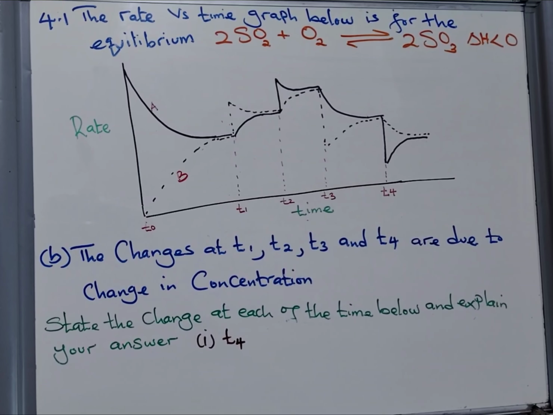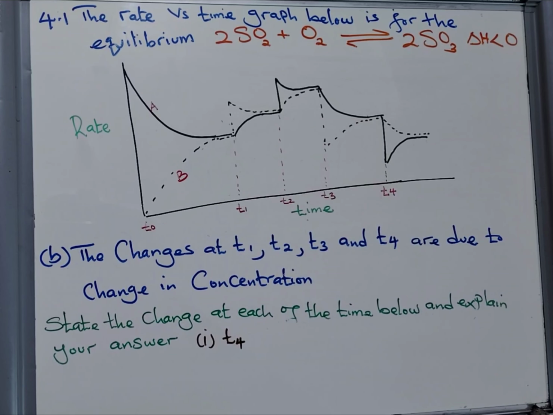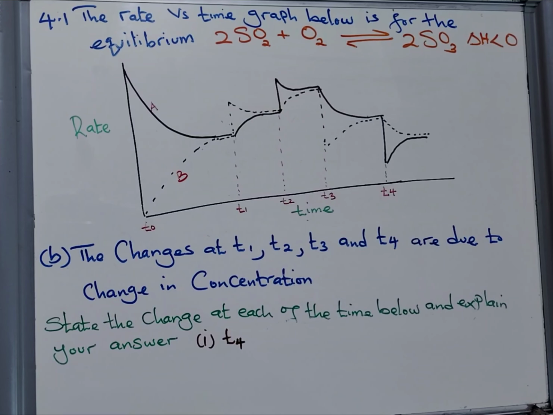Yeah, then comes this question. T4. What happened at T4? So two observations can be made about T4. One, rate decreased. Okay.